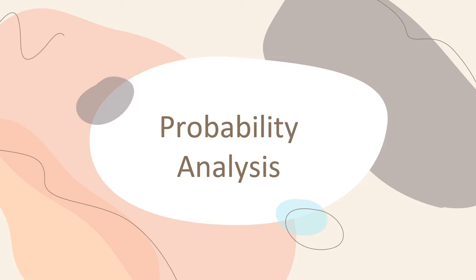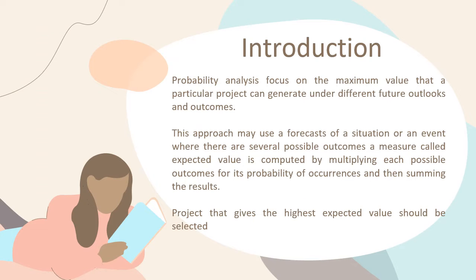Next, we talk about the probability analysis. This is similar to the one that we have covered in the risk and return topic, where we calculate the expected return. So probability analysis focuses on the maximum value that a particular project can generate under different future outlooks and outcomes.